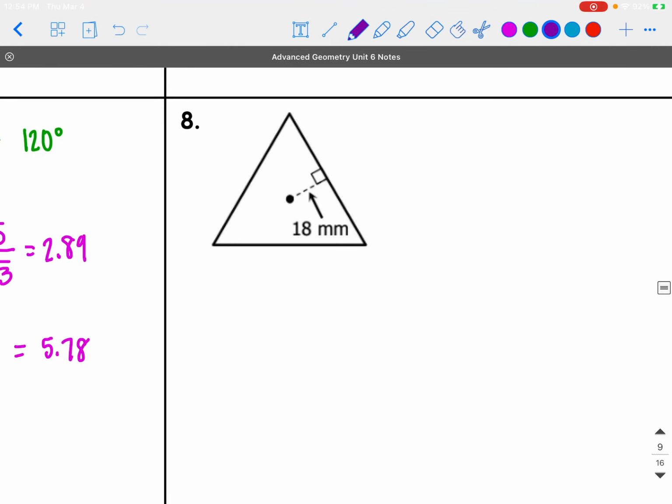Number 8, we have a triangle, and we'll assume that it's an equilateral triangle, which means that all angles are 60. But if I want to make a triangle, that 60 degrees was cut in half, making it 30.